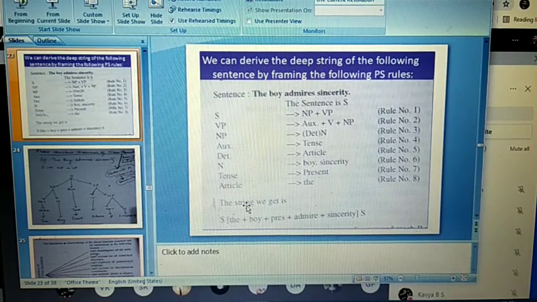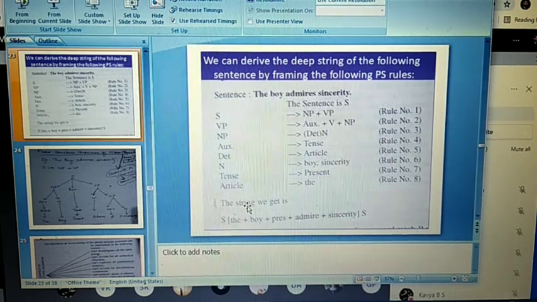Determiner. What is determiner here? The article. Rule number 5. Tense: present tense. Boy admires. An article. Which is the article there in the noun phrase? The. Rule number 8.